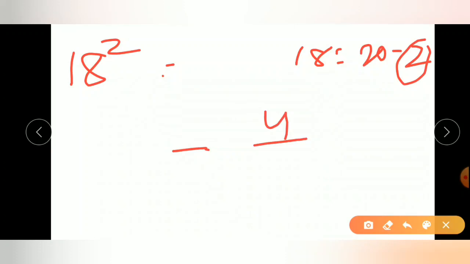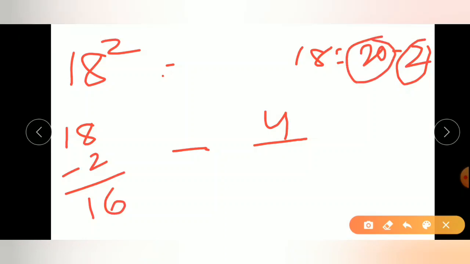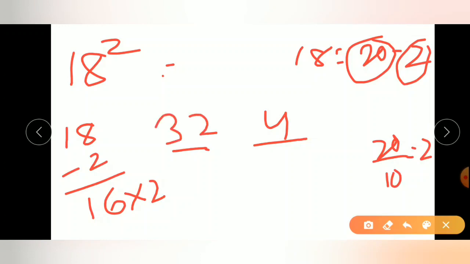So we have to subtract 2 from the given number, which becomes 16. Here we have to put our base, carefully you check your base. If base is 20, then multiply by 2, because 20 by 10 equal to 2. If base is 3, then we have to write 3 times 2. So our answer is 324.